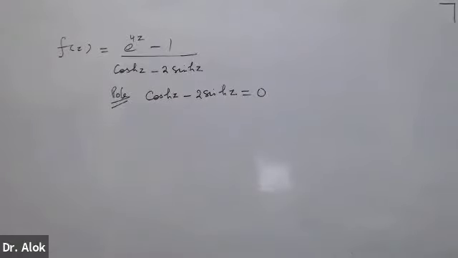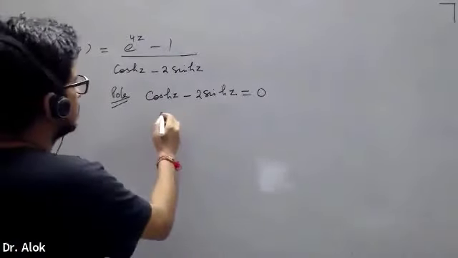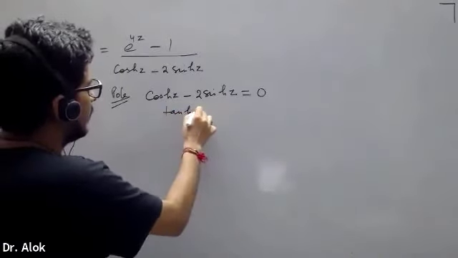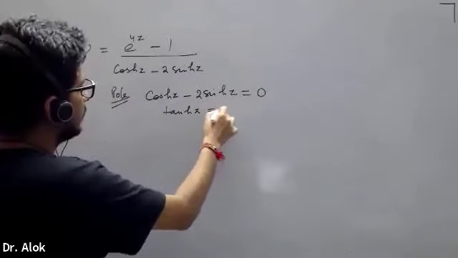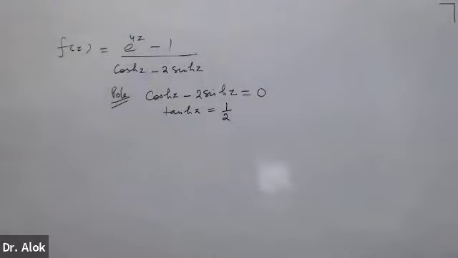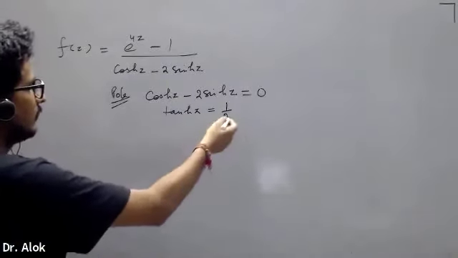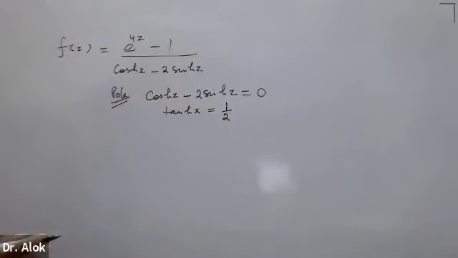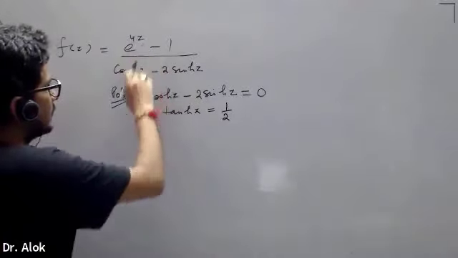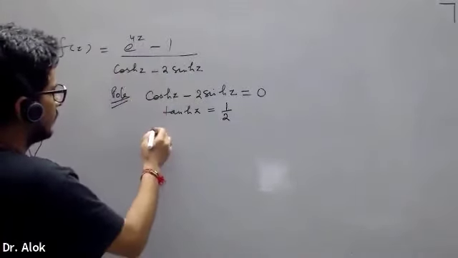So tell me what will happen to this. This will become tan hyperbolic z is equal to 1 by 2. Keep checking along the way. Am I correct? So I can write z is equal to tan hyperbolic inverse of half. Or I can also calculate the values in terms of e to the power, because here there are e to the powers.